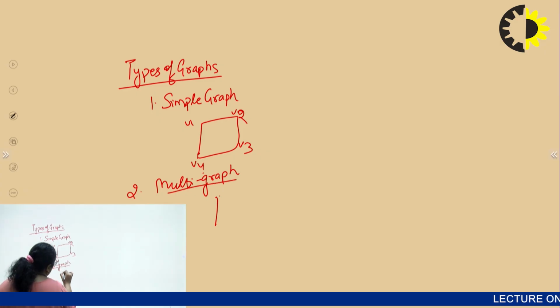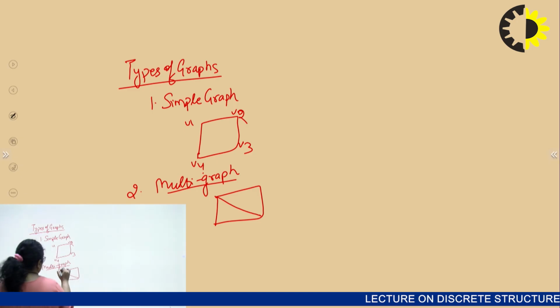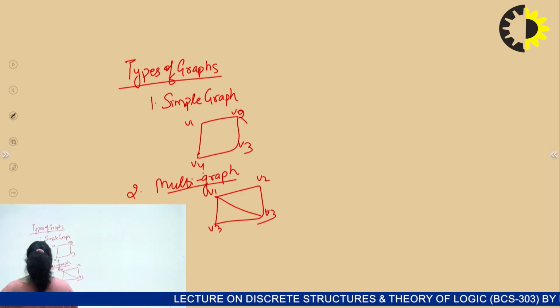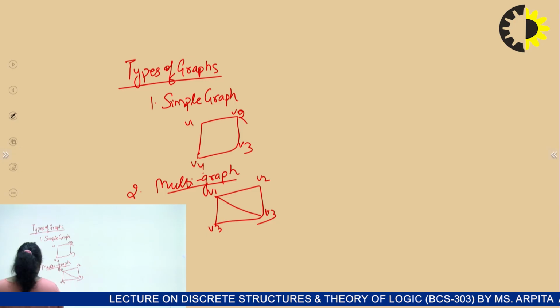A graph having multiple edges is a multi-graph. Next is pseudograph.